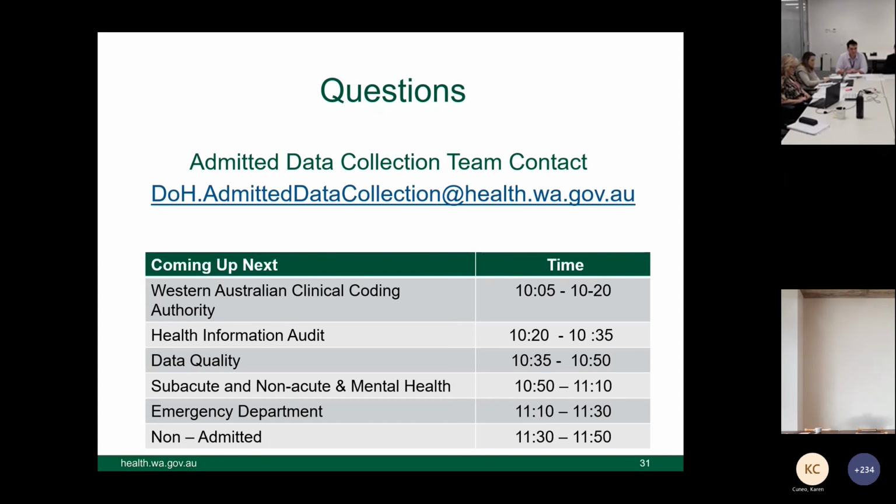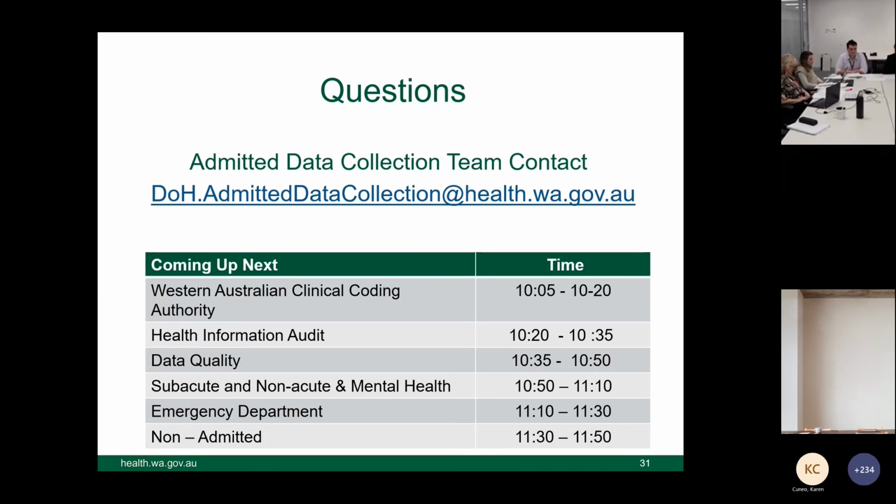So it's a way for staff to access the admitted data themselves without having to put in a data request. It's all admitted data in one central location, and HSPs can access other HSPs' information.